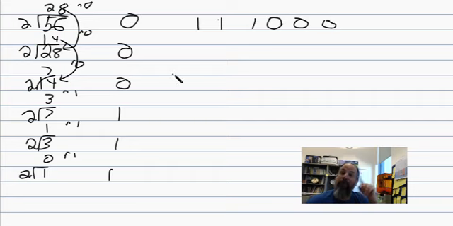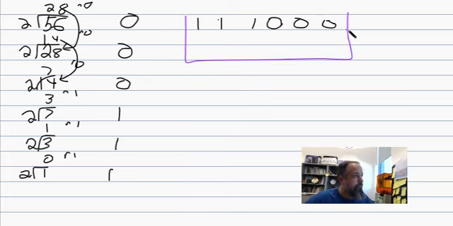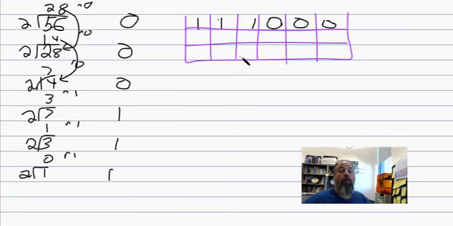Now, how do we know that that's the correct number? Because we can convert it back to decimal. So let's go ahead and draw our chart. We draw the powers of 2. We draw the values of the powers of 2.